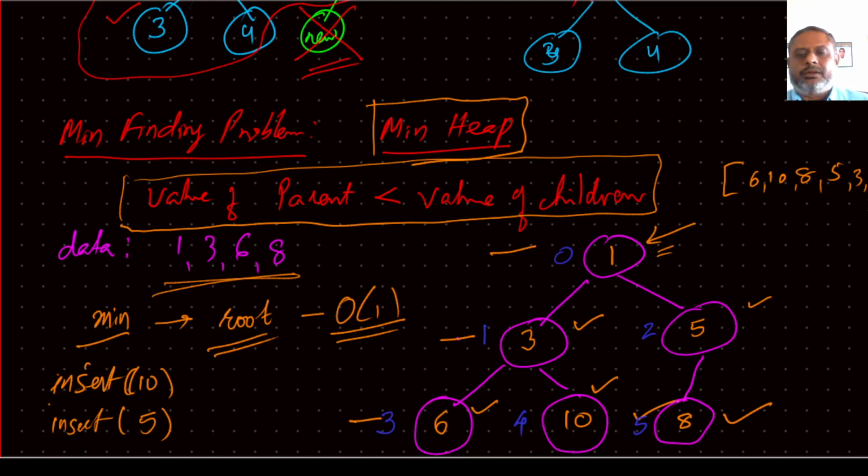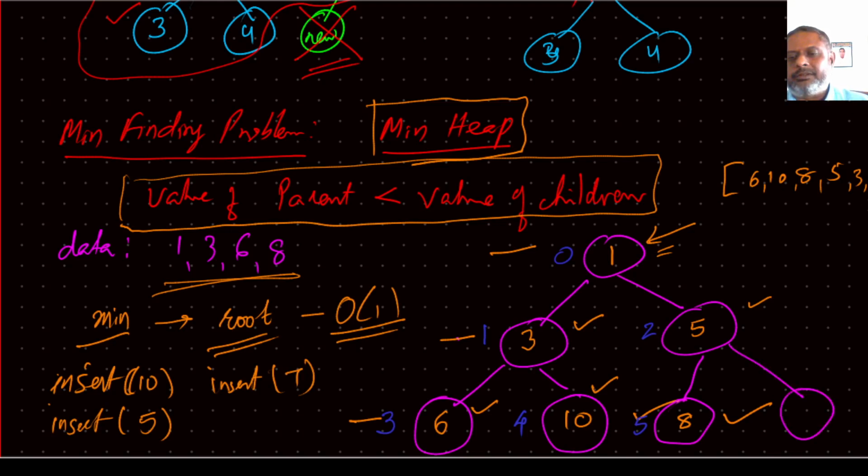And please don't get confused with a binary search tree. Nothing to do with the left side, right side and all. This has nothing to do with the left side, right side. So if you try to insert one more number, what can I say? Maybe 7. Where is the place for 7?